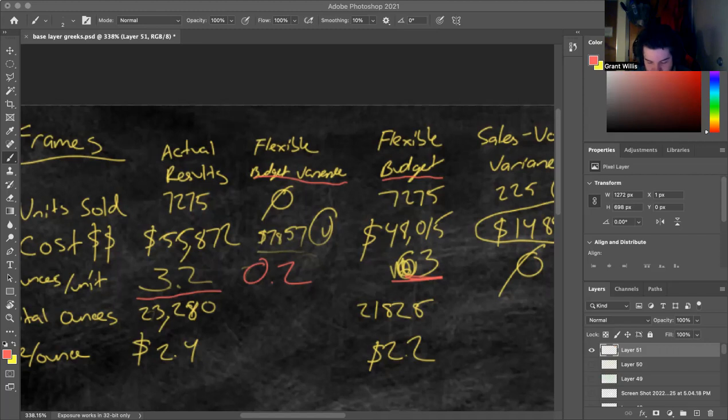So technically it is for flexible, but in reality, it's for both. Okay. So then the flexible budget is 3 and the flexible budget variance is 0.2. So does the price per ounce change for the, oh, no, it does, okay, never mind.